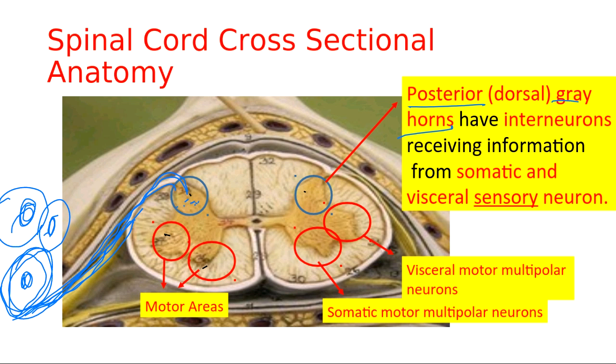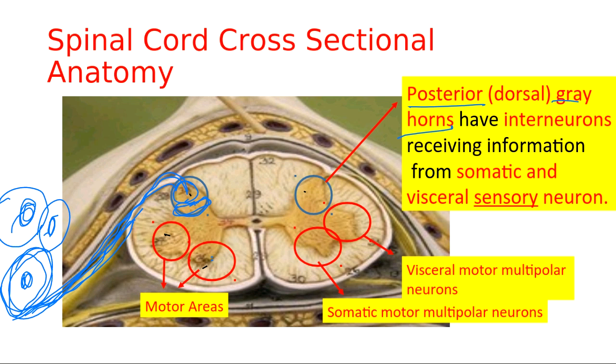Okay. This is even further organized because the somatic sensory is most posterior, visceral sensory is more anterior. Motor information or motor commands are going to go out of the lateral and the anterior gray horns.